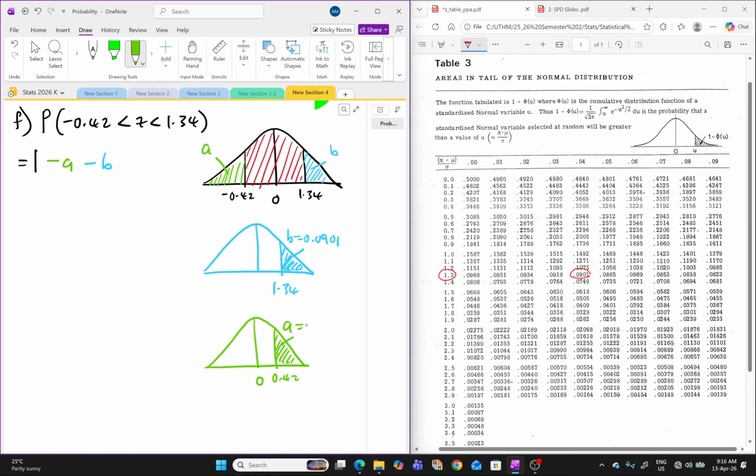This is A, 0.42. Managed to get A and B. Now you minus 1 minus. This is the answer.